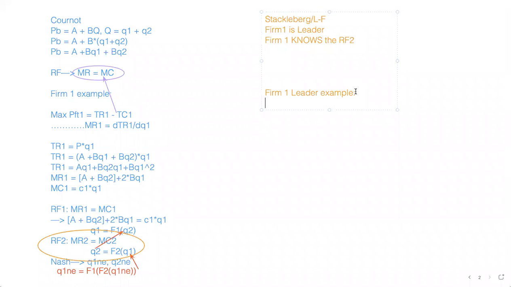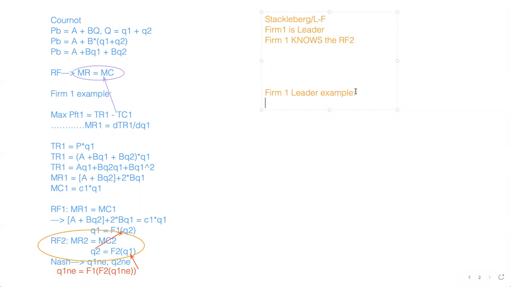the leader is going to maximize their profit in the way that they would have before. But in the total revenue portion of it, they're going to take into consideration that the output that they produce is going to influence the output that firm 2 produces in a known way. And they do that through the reaction function.